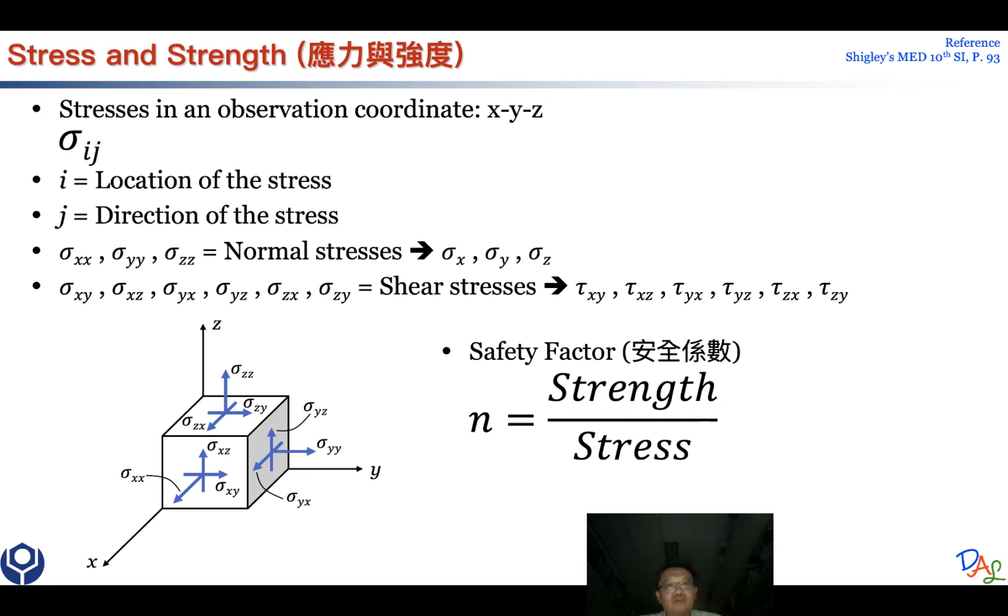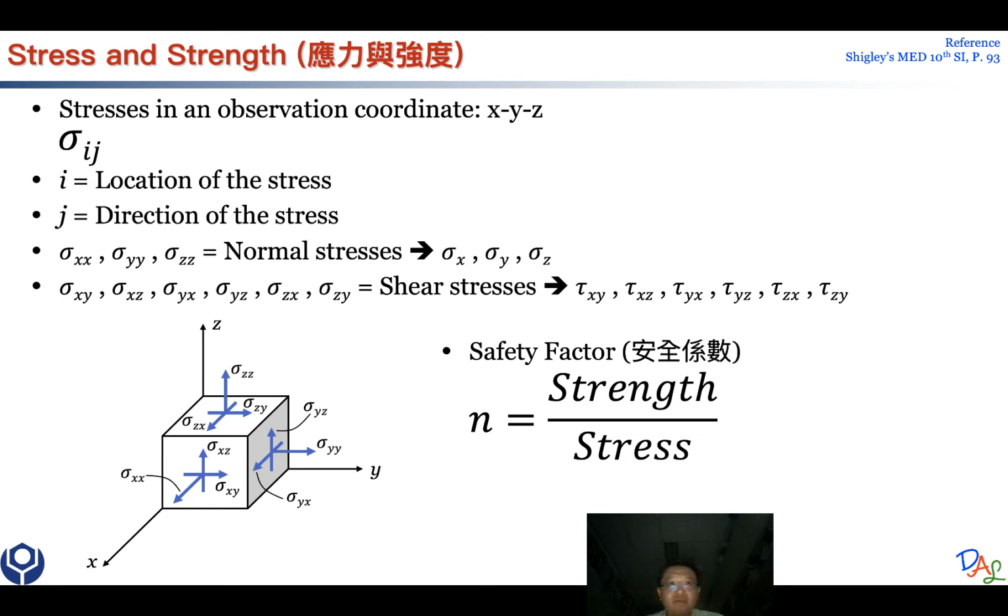You choose to design a geometry and pick some kind of material with certain strength and apply a certain force to generate stress, and the stress is matching how strong the material is. Then this part is under the situation of having N equal to 1.